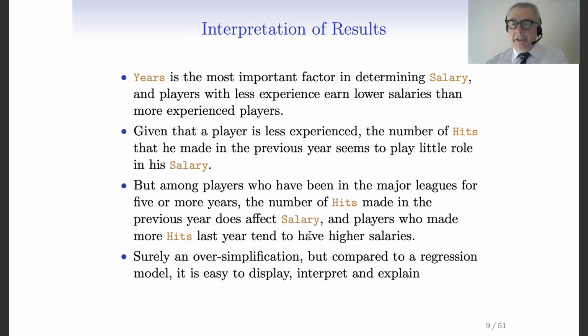What about interpretation? At the beginning of this lecture, we said that a definite pro of decision trees is the ease of interpretation. And here we can see this quite clearly. Years is the most important factor in determining salary, because you see that this is the first splitting rule, and as a matter of fact, players with less experience, with a few years in the league, are going to earn lower salaries.